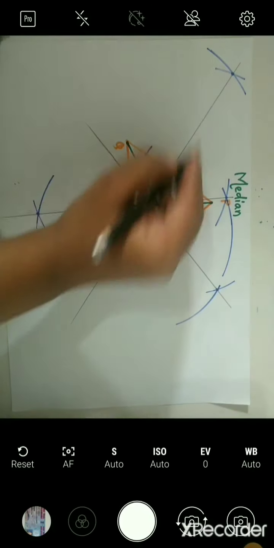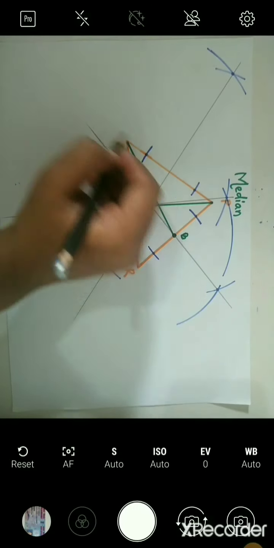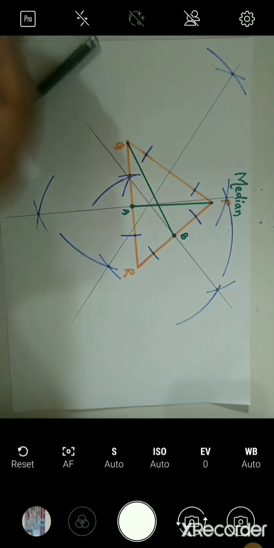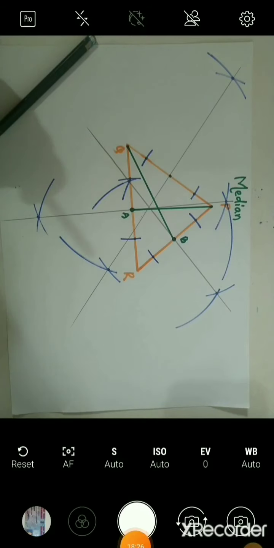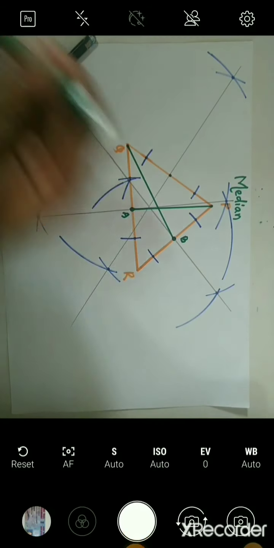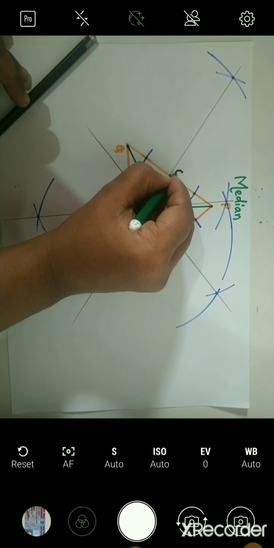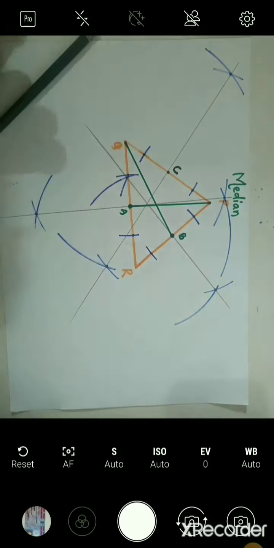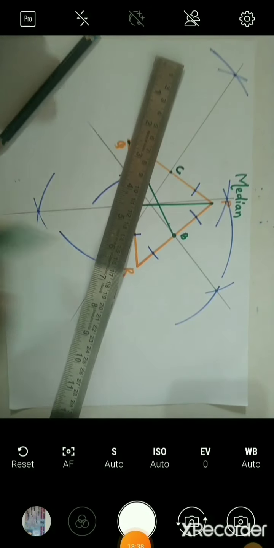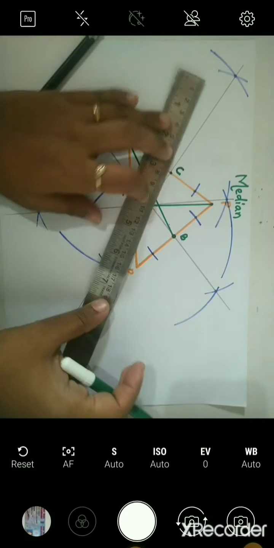So this line is intersecting segment PQ at this point. So this point, I'll give it a name C. I can say C is the midpoint of side PQ. So now this midpoint I will join with the opposite vertex.